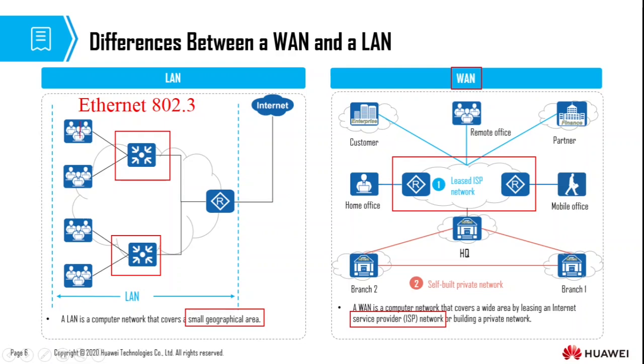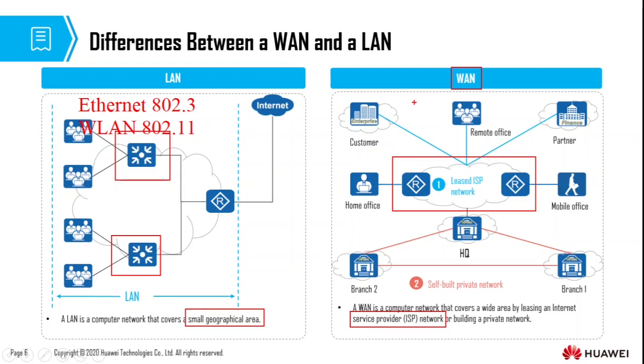We've also learnt about wireless, WLAN, the 802.11 standards. So at the data link layer, LANs use these technologies. On the other hand, WANs at the data link layer use PPP, the point-to-point protocol, which we are going to look at.